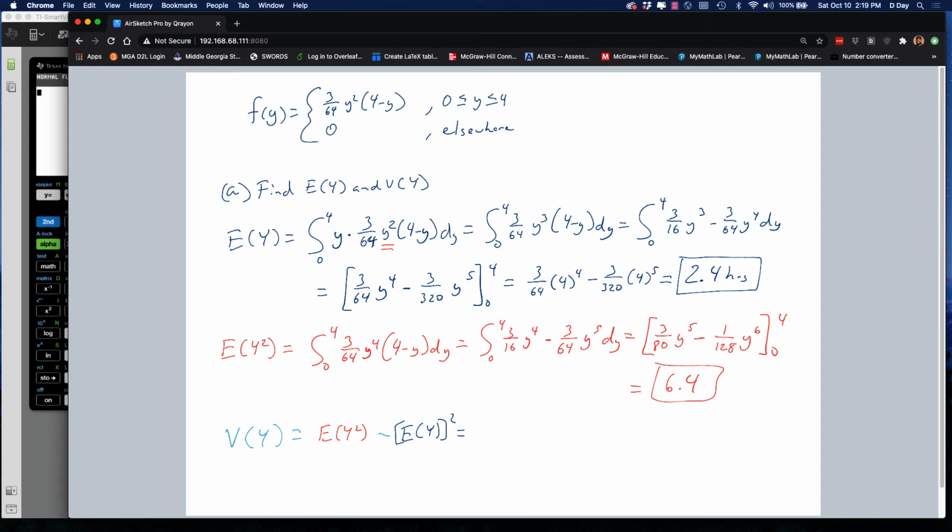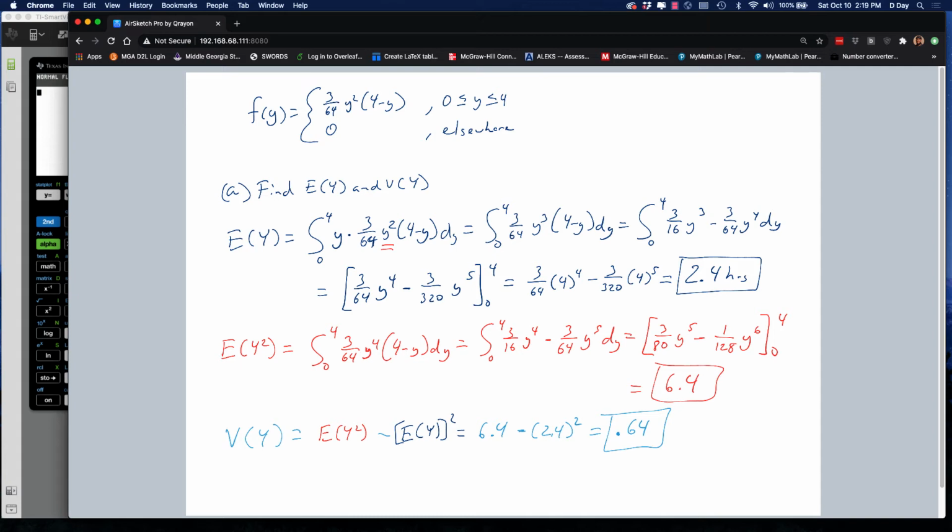I'm just going to plug in here. We get 6.4 from the expected value of y squared minus 2.4 quantity squared, which somehow turns out to be 0.64, which I find rather interesting, being the fact that the expected value of y squared was 6.4. That might just be circumstantial. Anyway, there we go. We've got our 3 parts that we need.